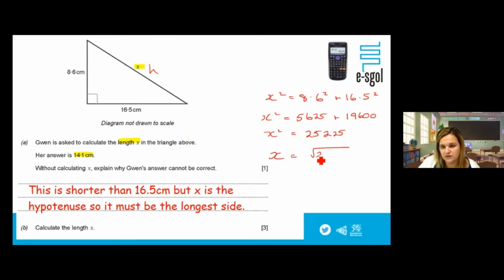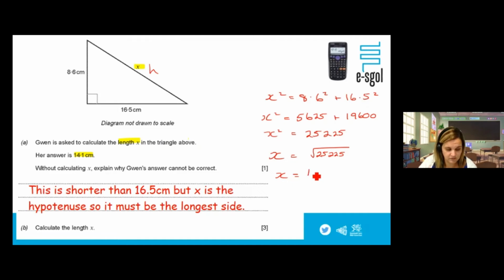Some people will get there and think they've got the answer. Remember to relate it back to the triangle. If you've got an answer of 25,000 plus for this hypotenuse, when your other sides are 8.6 centimetres and 16.5, there should be alarm bells going off in your head to say that can't be correct. There must be another step. So that step was the square root, giving you then 100.